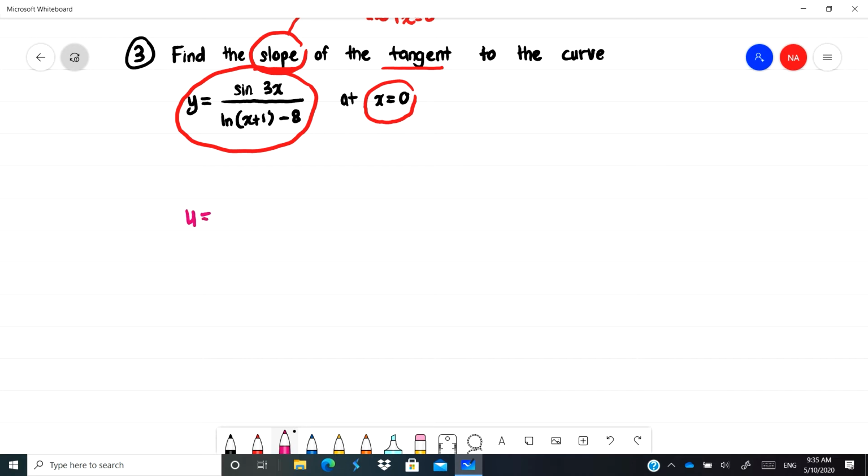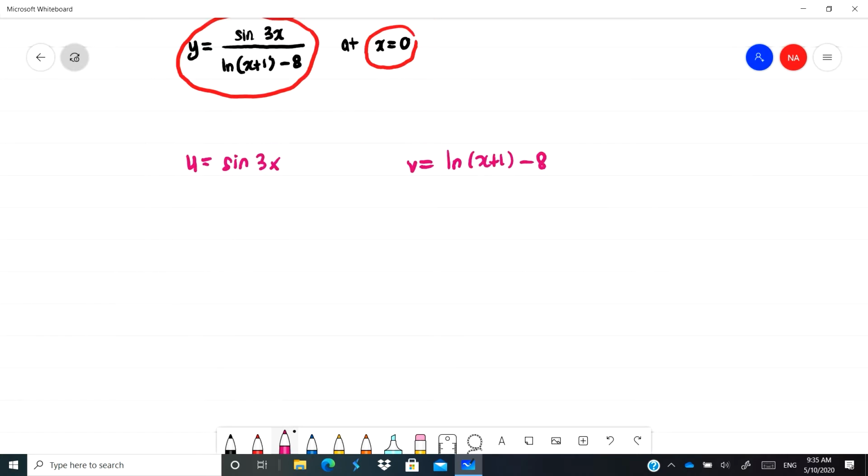I'm going to write u is equal to sine of 3x, and v is equal to ln of (x plus 1) minus 8. Now we'll have u prime, which is given by differentiating sine. We'll get cos of 3x, but then we differentiate the 3x, we'll get 3. So I'm going to write this as 3 cos 3x.